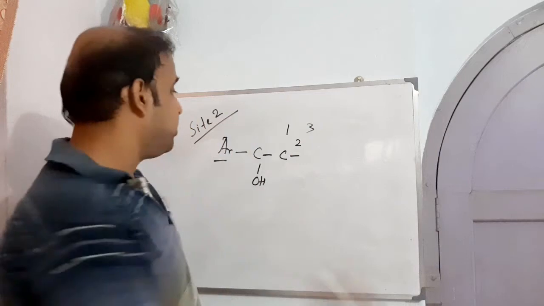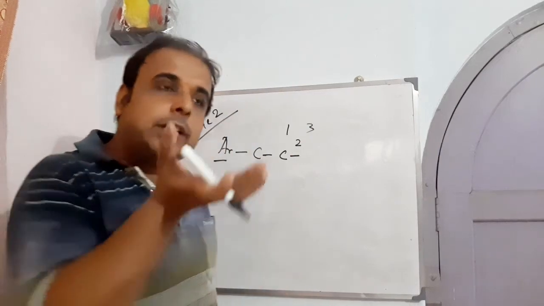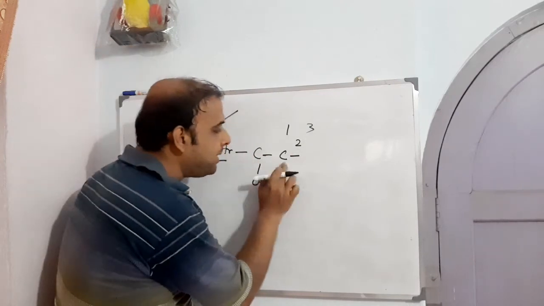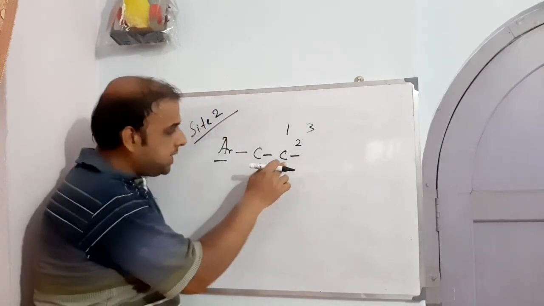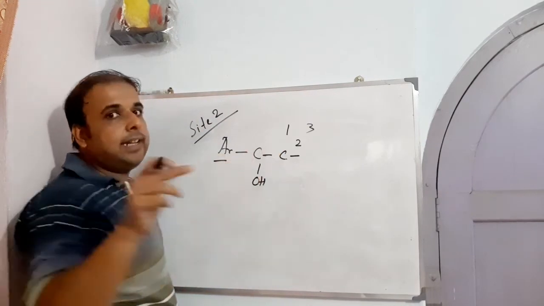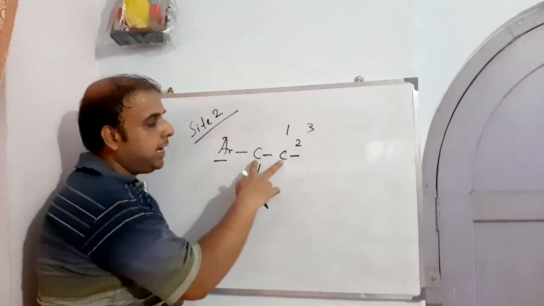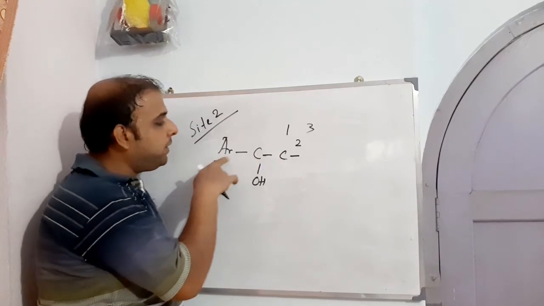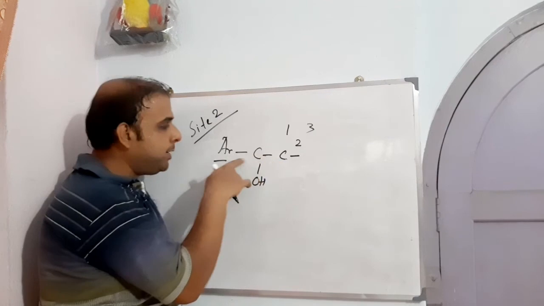Got my point? So in order to develop the optimum affinity, the hydrocarbon chain attached to the aromatic ring should remain in the form of 2 carbons, immediately after the aromatic ring.